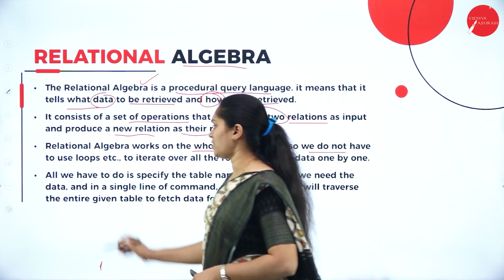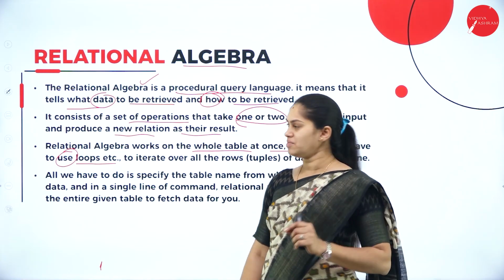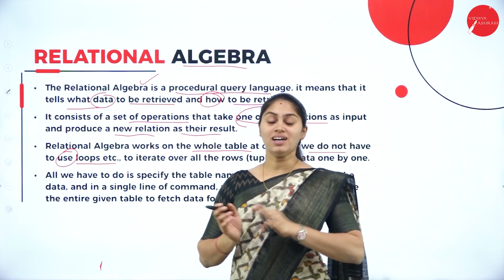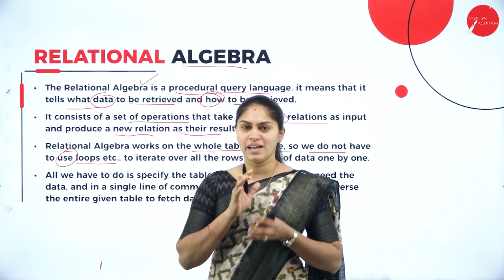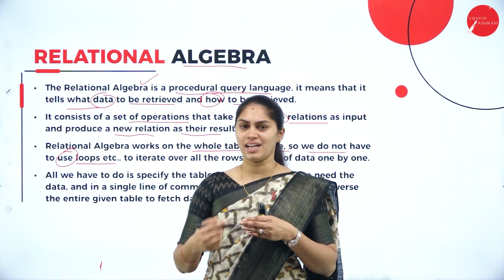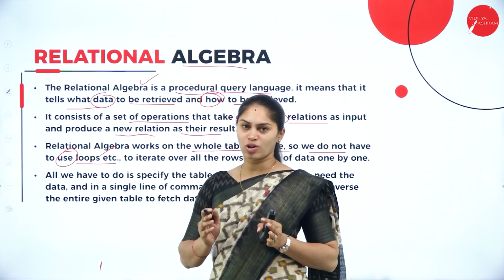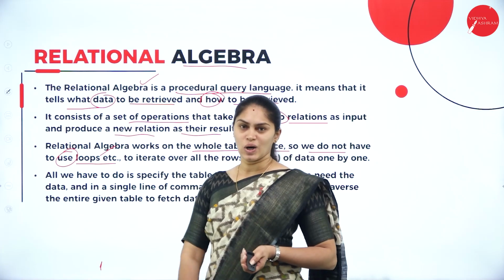So we do not have to use loops. Whenever we are working with relational algebra, the whole complete table is taken as an input at a time. So we need no iterations or loops in relational algebra.